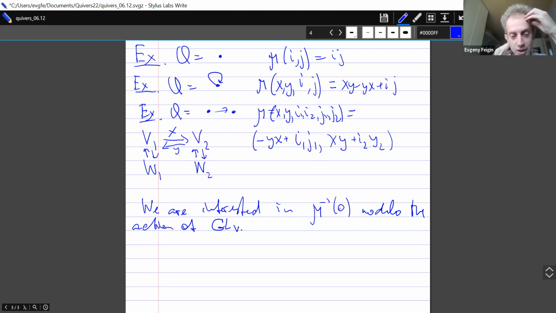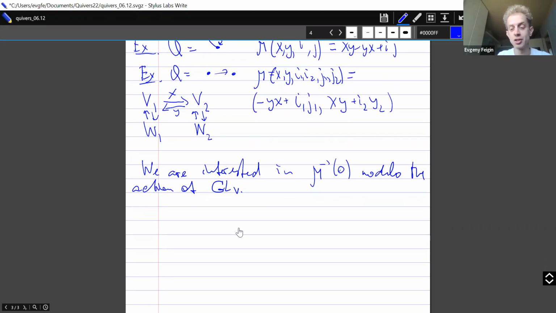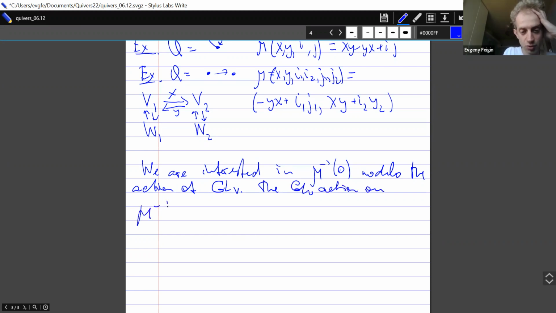Okay, but the problem is that the action of GLV on the mu inverse of 0 is not always good enough.